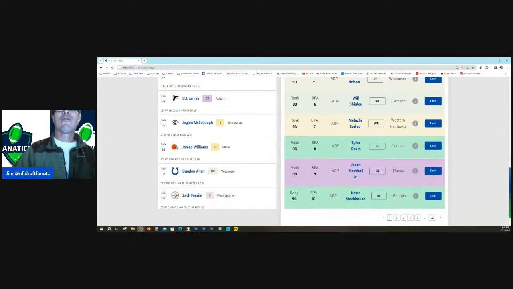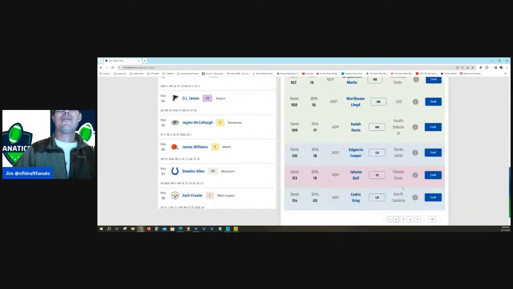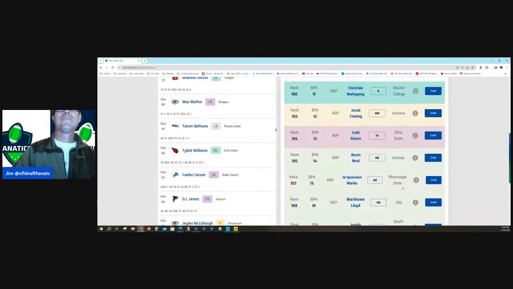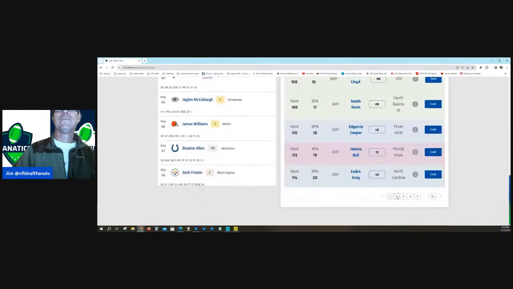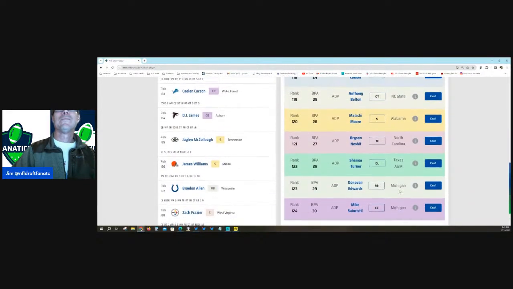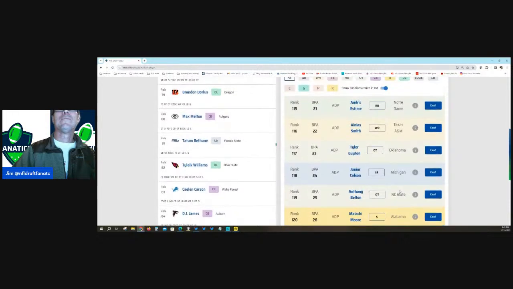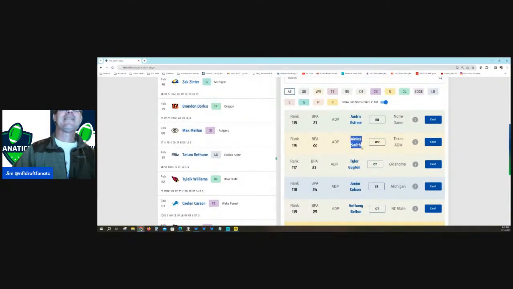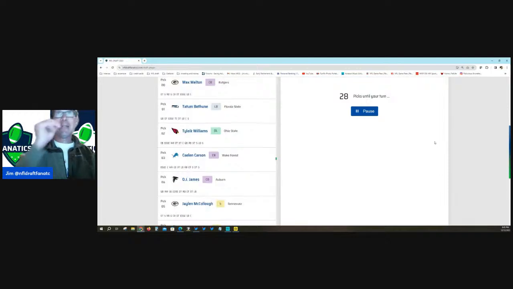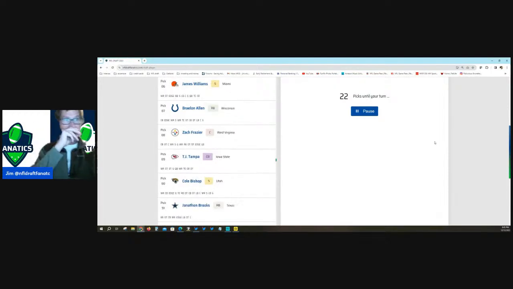Okay, third round, I like Stackhouse. Ainias Smith, I think he could go round 3, and he was 116 on the draft card.